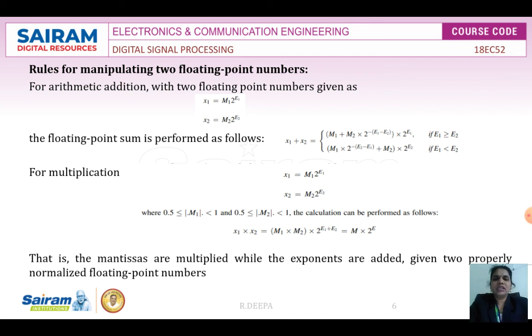So finally the floating point number is m into 2 power of e, where the mantissa is multiplied and the exponent is added. These rules you need to follow when you multiply or add any two floating point numbers.